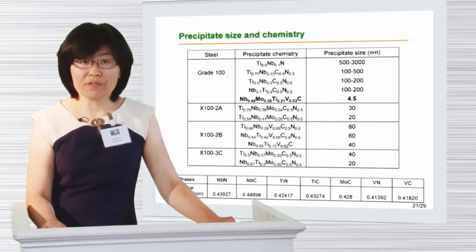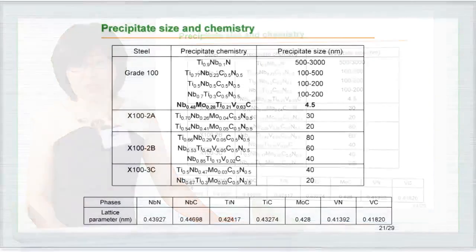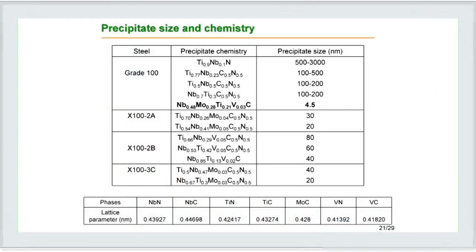And for the three types of X100 steels, most of the precipitates are larger than 100 nanometers. We didn't find nano-sized precipitates. This may relate to the chemistry of this steel and also the processing history of this steel. We will introduce that a little bit later.